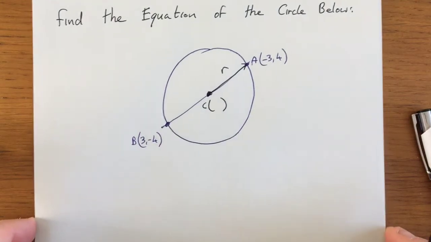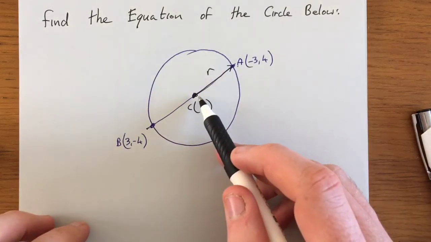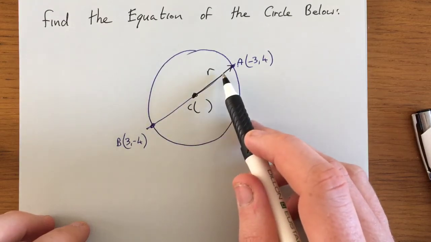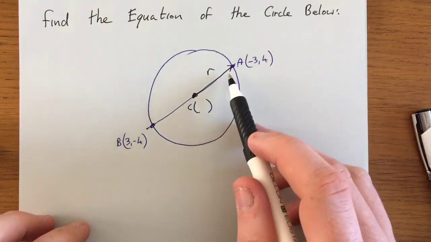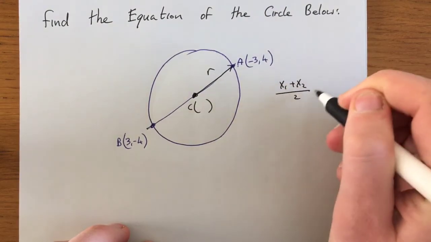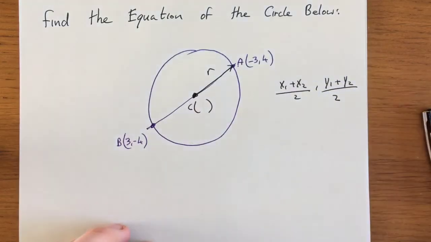Hopefully you can see that to find the center point would just be the midpoint between here and here. So we need to use the midpoint formula, which is (x1 plus x2) all over 2, comma (y1 plus y2) all over 2.